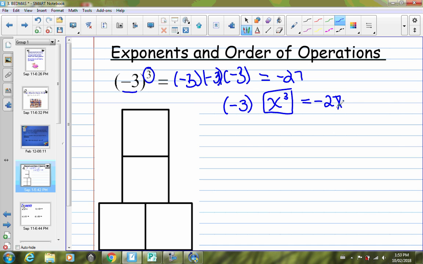That's your first way that you can do this. Your second way is if you don't have an X cubed button, you would type in, again, bracket, negative 3, bracket. You could have an X with a little Y button. You would press that. That's saying you're raising it to the exponent, and you would then have to type in the exponent 3, and you would get your answer of negative 27.